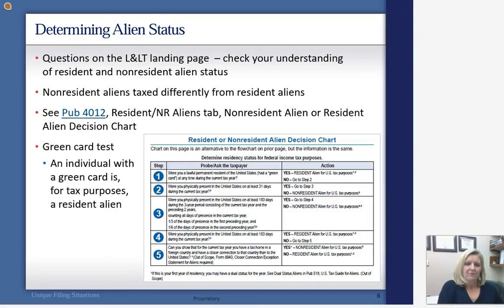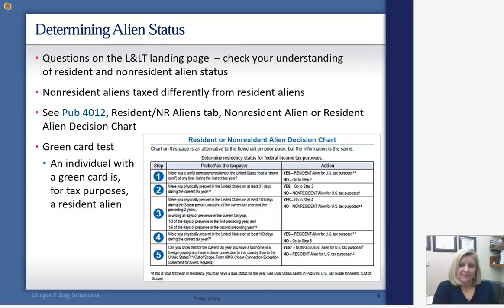First of all, if someone comes in who is not a United States citizen, the way that they are taxed varies depending on their status in the United States. If they're not a U.S. citizen, they could be a resident alien or a non-resident alien.